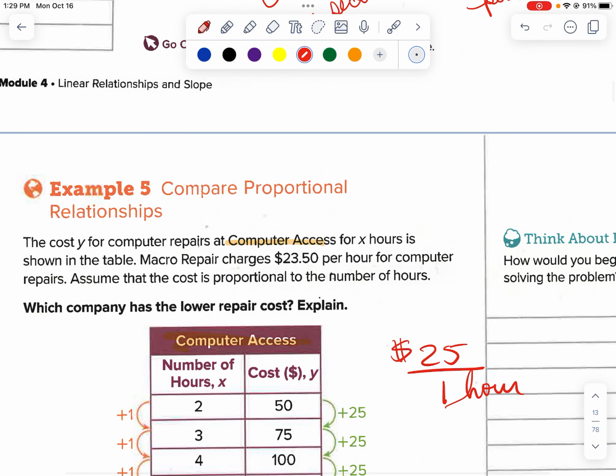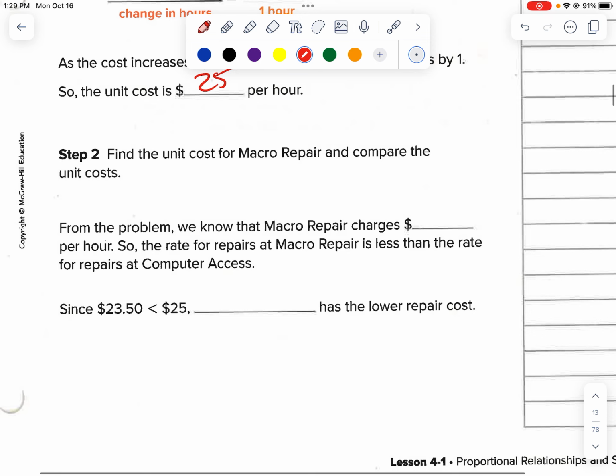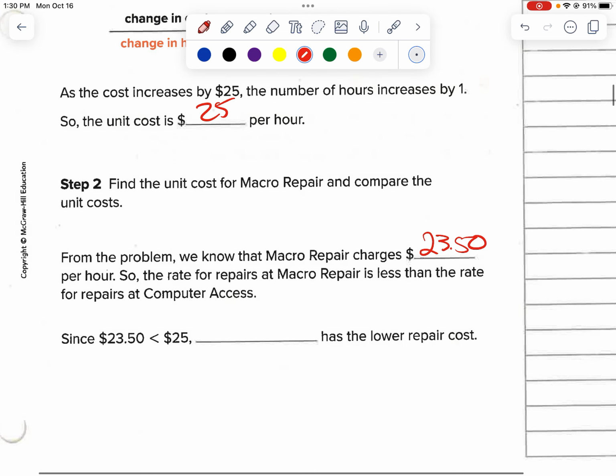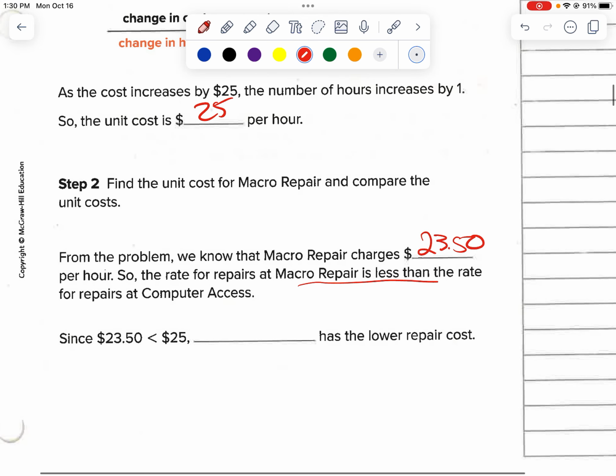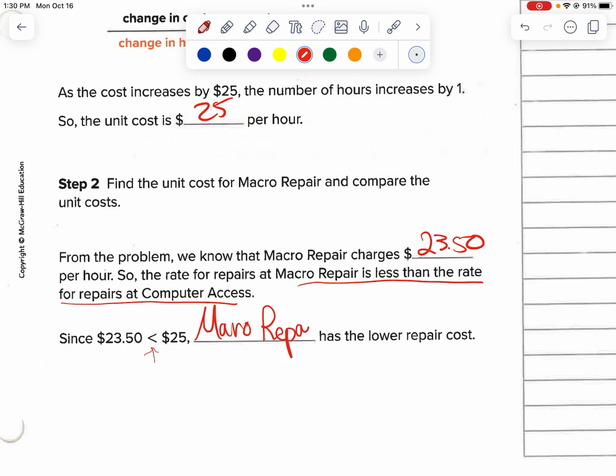Then it says Marco Repair charges $23.50 per hour. Okay, so Marco Repair is less than the rate for computer access. Since $23.50 is less than $25, Marco Repair has the lower repair cost.